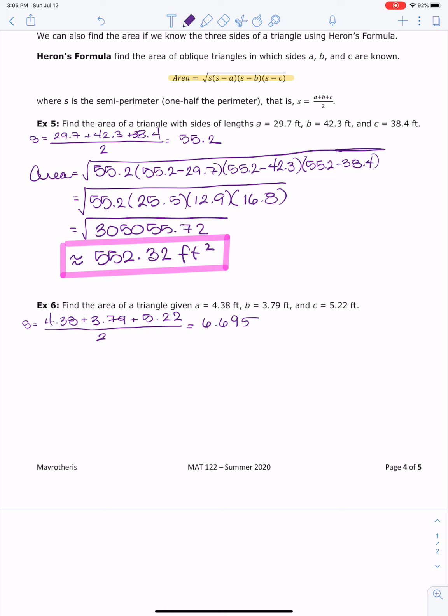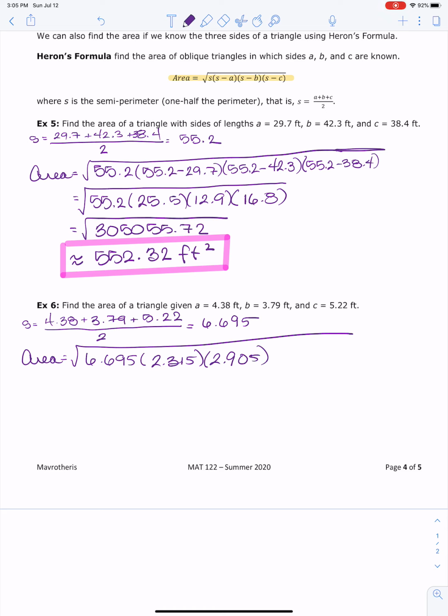Even though we've talked about rounding, I am not going to actually round till the very end. So the area here is the square root of 6.695 times 2.315. I get that when I take 6.695 and I subtract the 4.38, times 2.905.